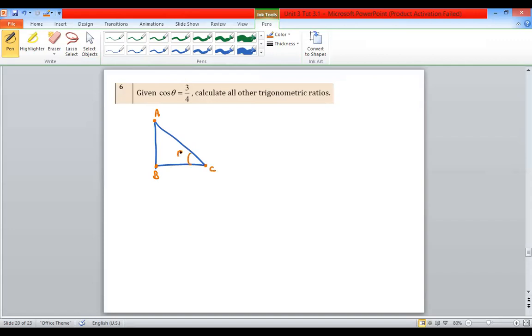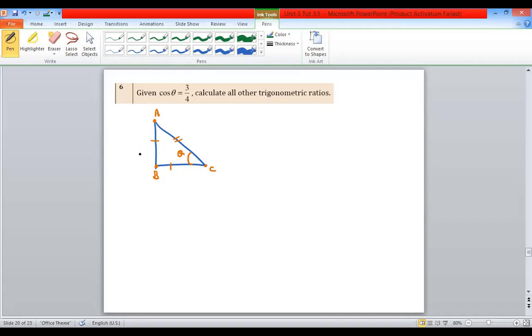I put here a theta. Okay, length of AB, BC, and AC. Your theta is anywhere, you don't need to worry. It always gives you the same values.